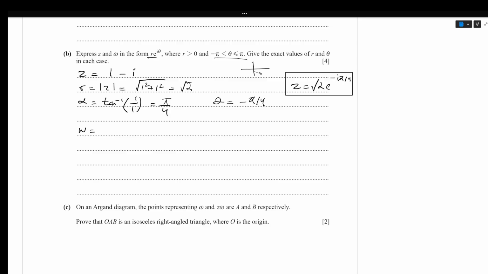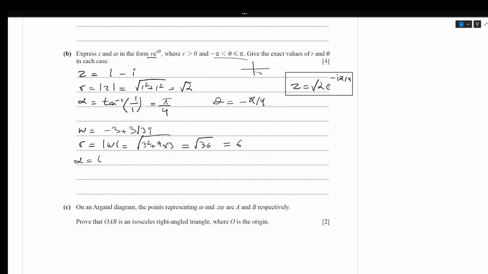और ओमेगा के लिए ओमेगा इज -3 प्लस 3 √3 आई, R is again mod of omega इस केस में, which is 3 का square plus 9 by 3, which is under root 36, 6.